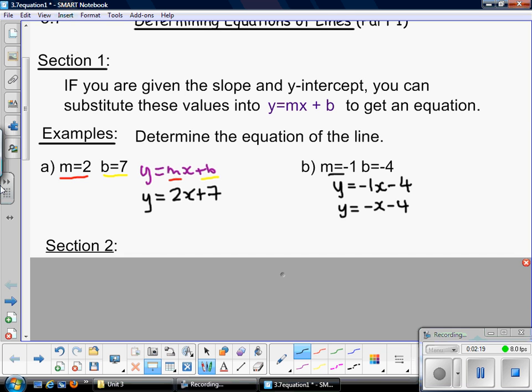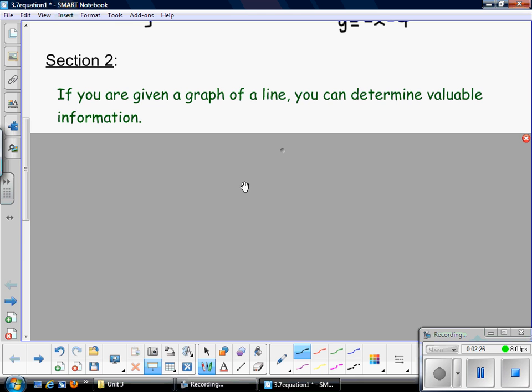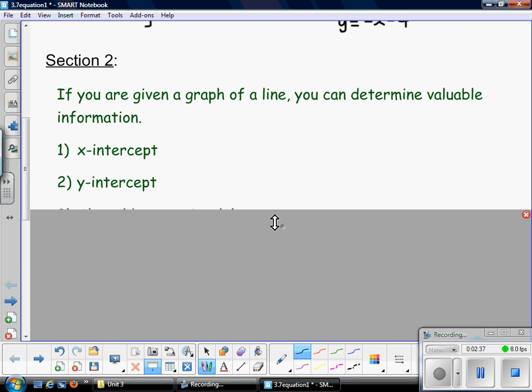Okay, so we have to do a little bit more work than that, and that is when you are given a graph of a line and you can determine valuable information. Depending on the graph, you get different information. Sometimes you're able to get the y-intercept. Sometimes you're able to get the x-intercept.